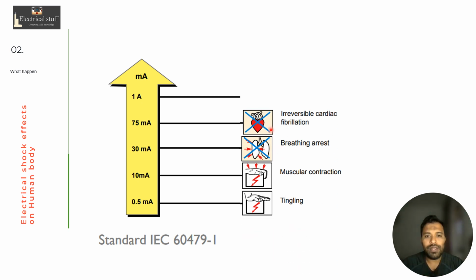If 75 milliampere is passing, you will get cardiac fibrillation. If you go to 1 ampere, you get cardiac arrest. Your heart stops. So electricity is dangerous. That is the reason you always see the cross board in electricity. It is dangerous.